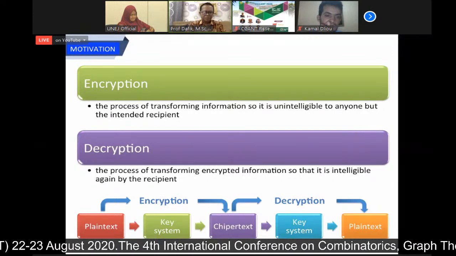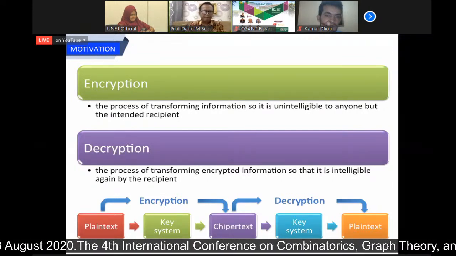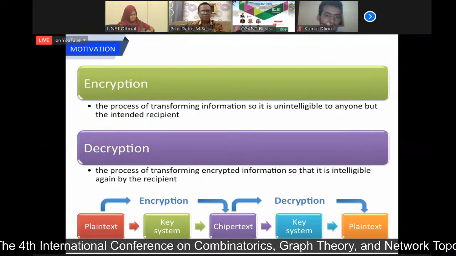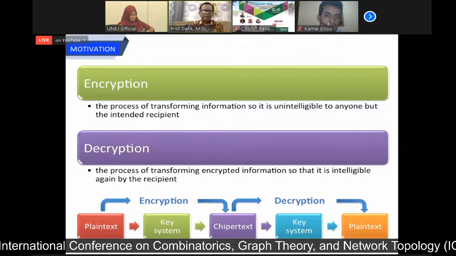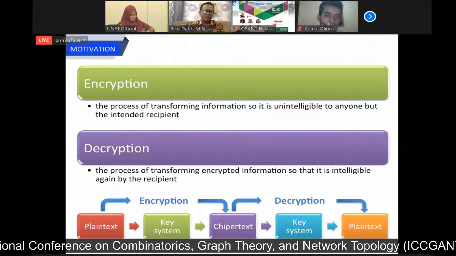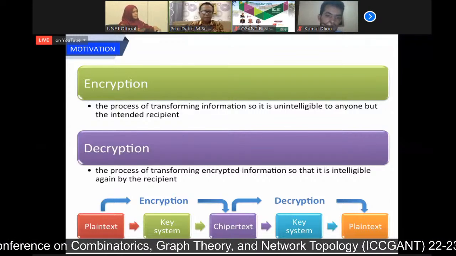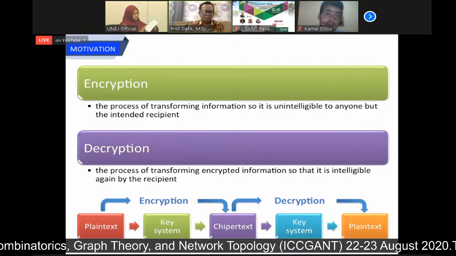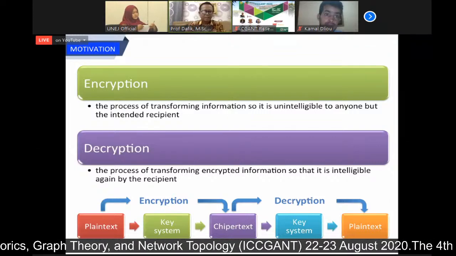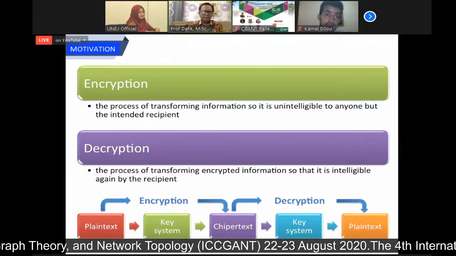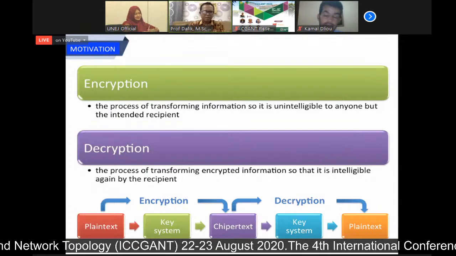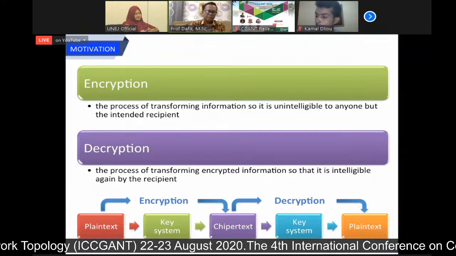There are a lot of techniques from the conventional to the modern one, and by means of anti-magic labeling, or other concepts of labelings, we can implement the concept into a crypto system.